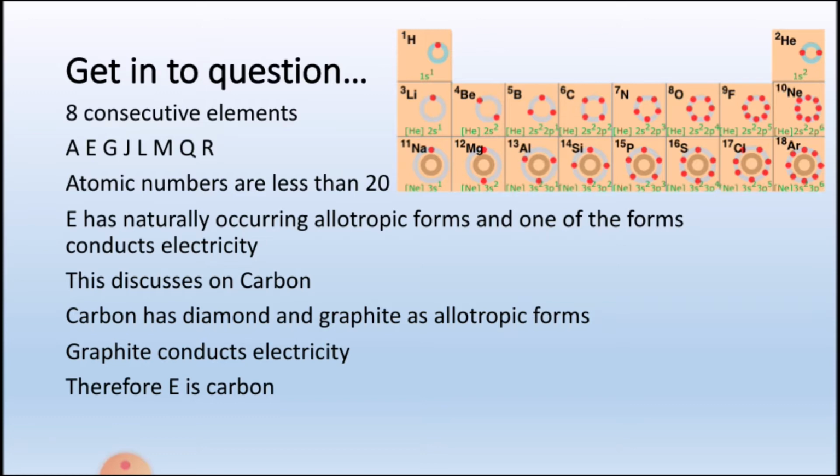Now it is really easy for us to find the other elements. If E is carbon, then A is boron, E is carbon, G is nitrogen, J is oxygen, L is fluorine, M is neon, Q is sodium, R is magnesium. Really easy.